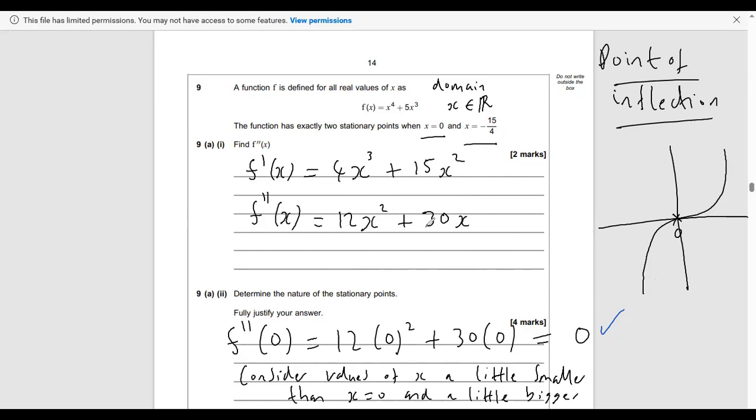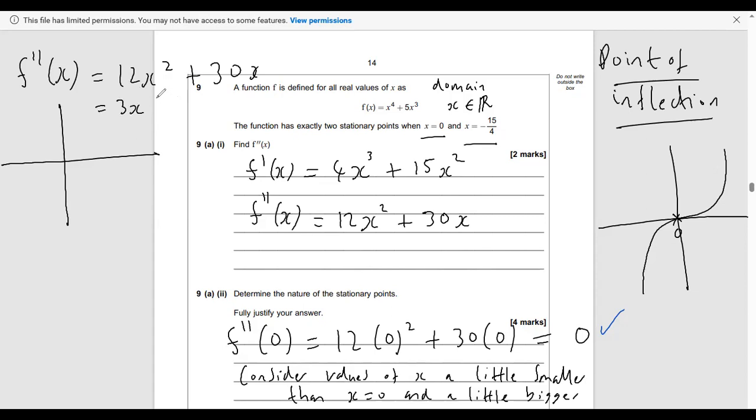So let's think about a sketch of this quadratic graph for f''(x). We can factorize out a 3 and an x. So we get 3x times (4x plus 10).